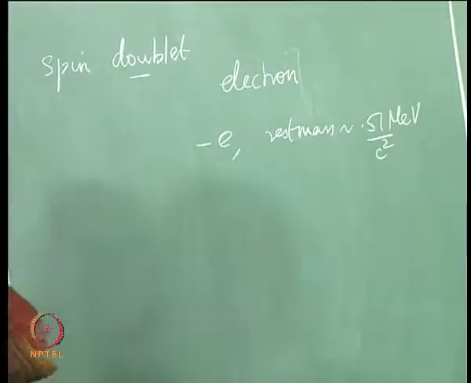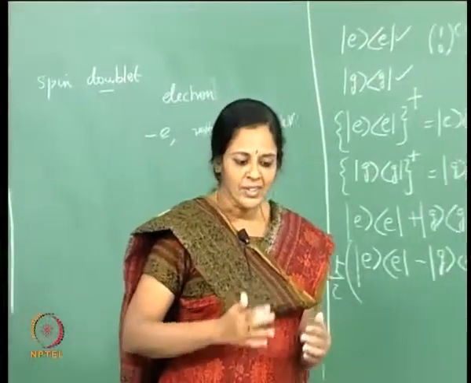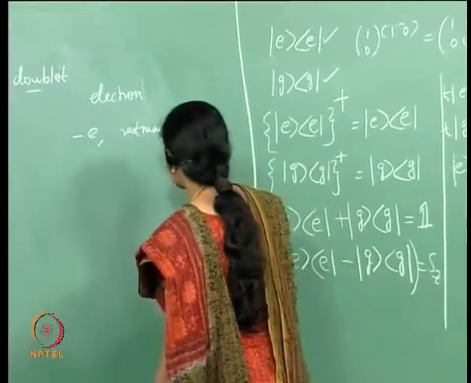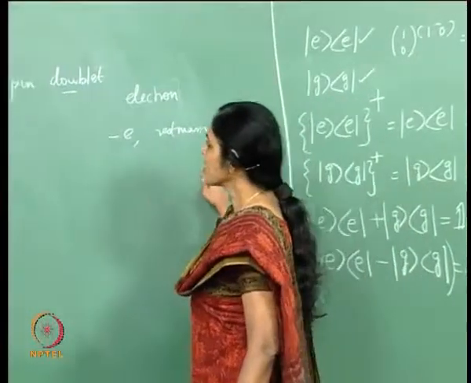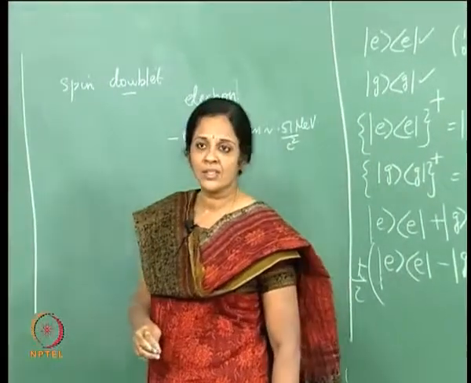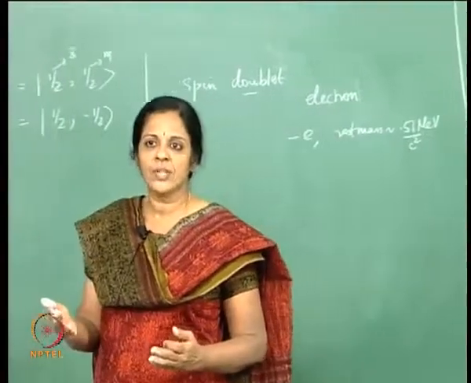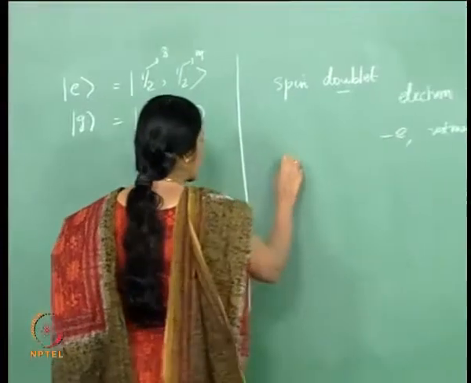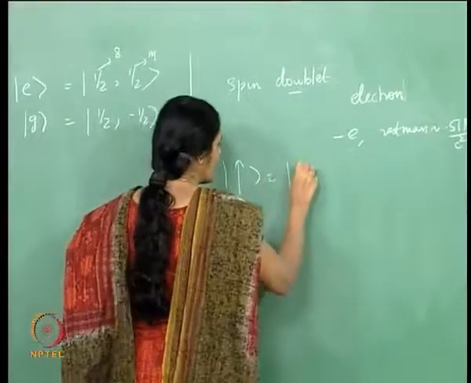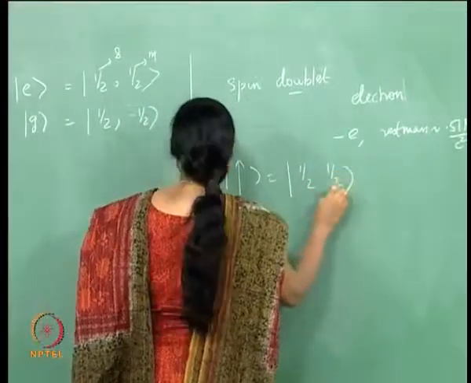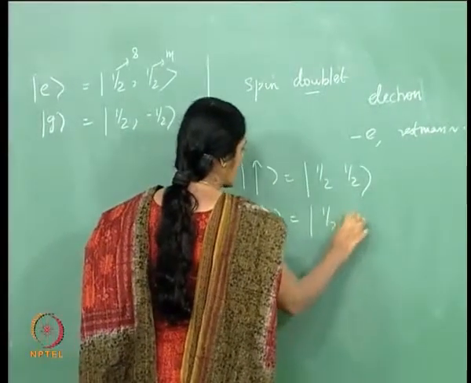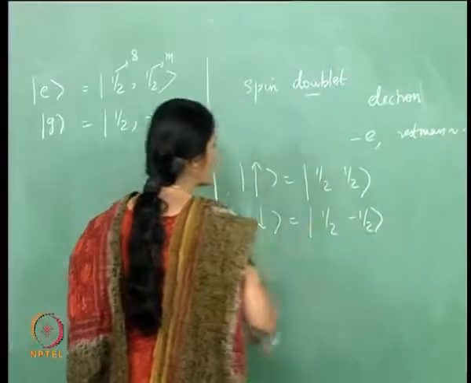Even as the electron's attribute is minus e for the value of charge and a rest mass with this value, it can exist in two spin states. Spin is an experimentally measurable quantity. You could call it the up state of the electron, which is the half-half state that I spoke about here, and the down state of the electron, which is the half minus half state.